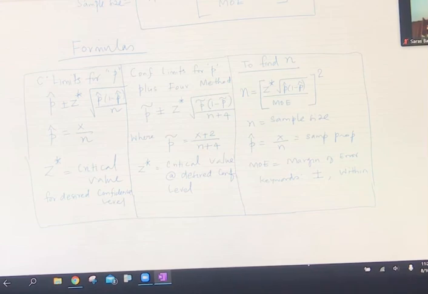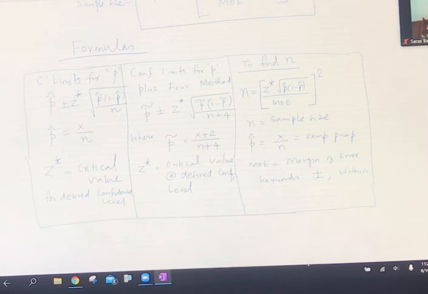I think I'm good. Okay, how about others? You're all good? As I said, you and I cannot change it because these are all the formulas. If the plus 4 method is given in your problem, you have to use your P-curl formula. Otherwise, you are going to go with your normal formula for the large sample size, so your n is going to be pretty big.